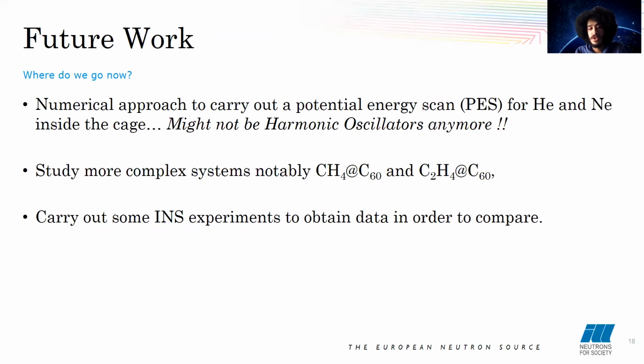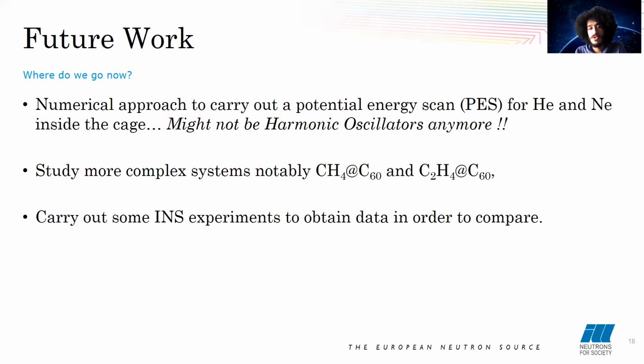It might be the case that we are no longer dealing with a harmonic oscillator model for helium, which is a point of interest for me, since I started with argon, a large atom compared to helium and neon, which is behaving like a harmonic oscillator. So it might not be the case for helium, which is much smaller than argon.